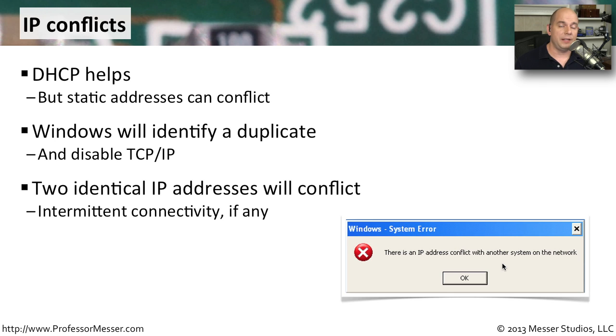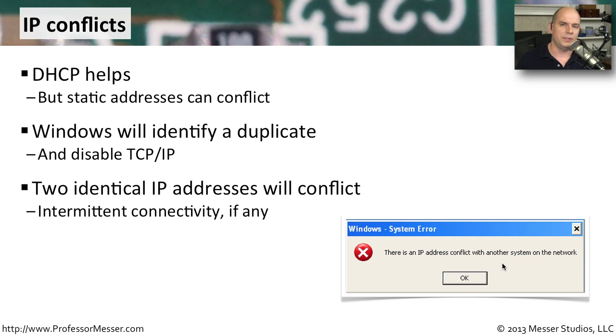If we somehow get duplicate devices on the network, with exactly the same IP address, then you'll find they may have intermittent connectivity, or you may find that some devices can't communicate at all. You have the ARP tables that are configured in certain devices that may be able to talk to one device but not the other. So it may look as if the devices are on the network, but they're not.